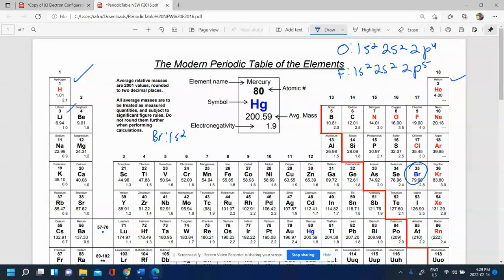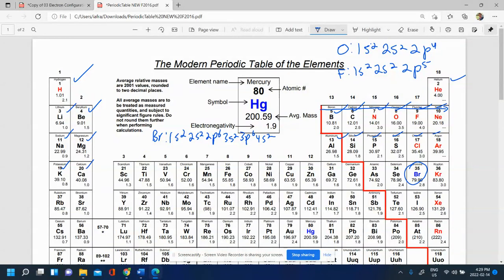We have 2s1, 2s2, and then this over here goes all the way to 2p6, right? 2p1, 2, 3, 4, 5, 6. So 2s2, 2p6, then 3s1, 3s2. And then over here we have 3p1, 2, 3, 4, 5, 6. 3p6. And then here we have 4s1, 4s2.